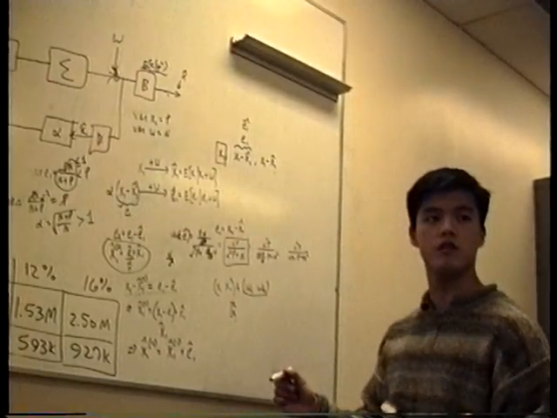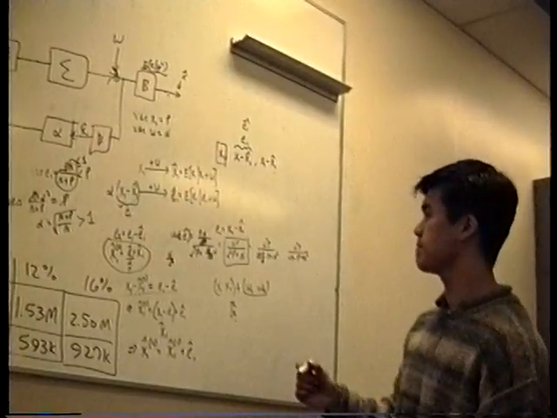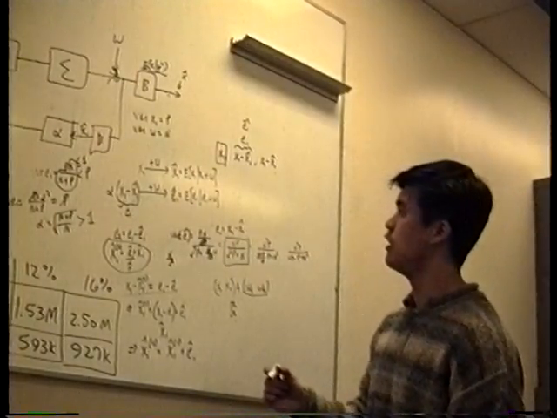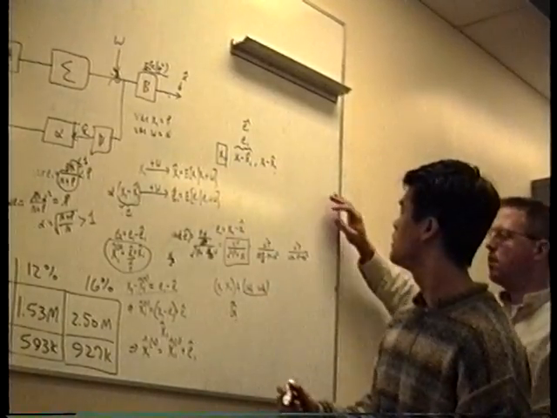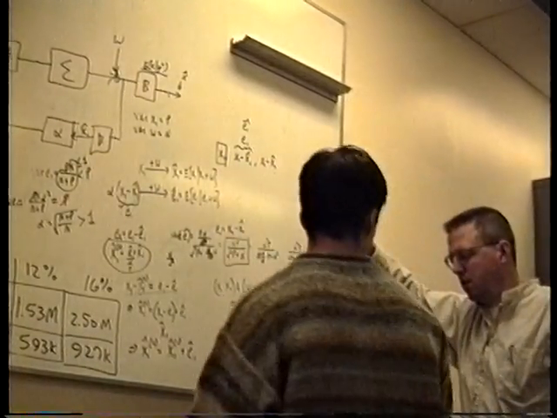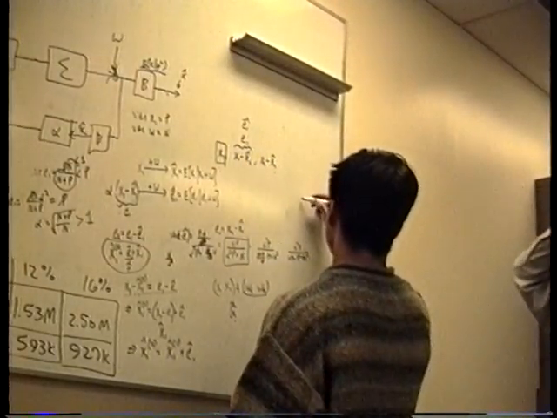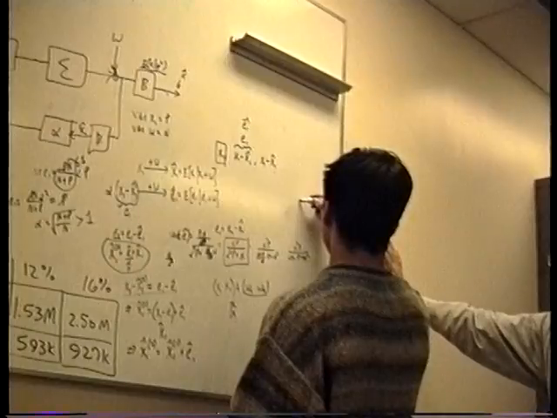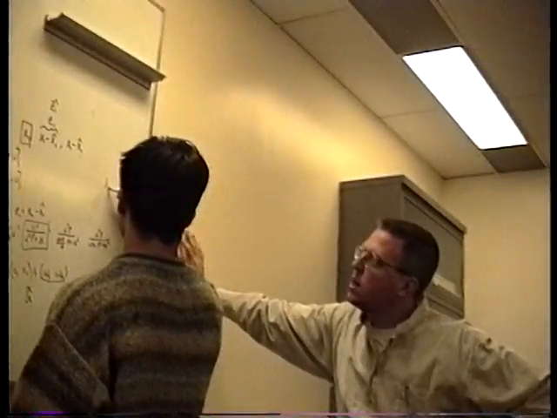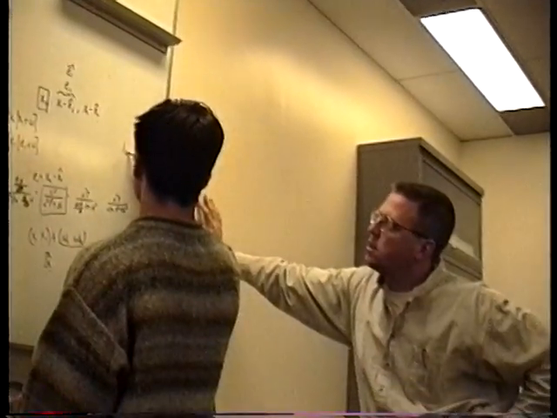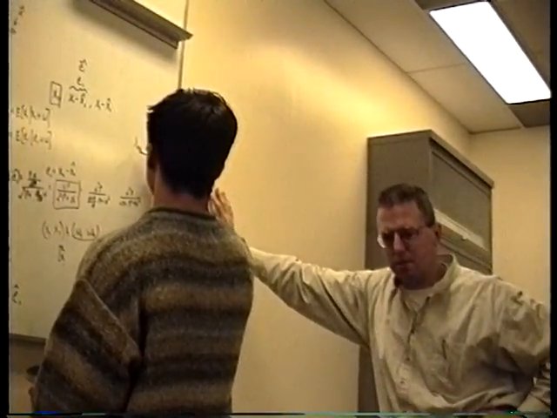But the x1 minus x1 hat should be independent of x1 plus w. Isn't it something like lambda?